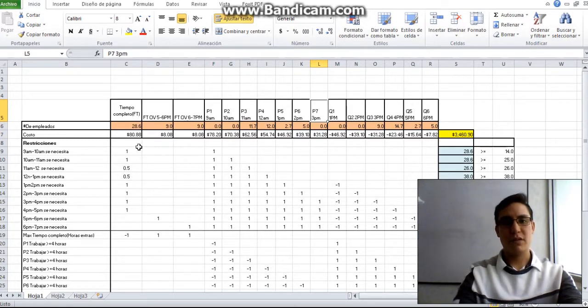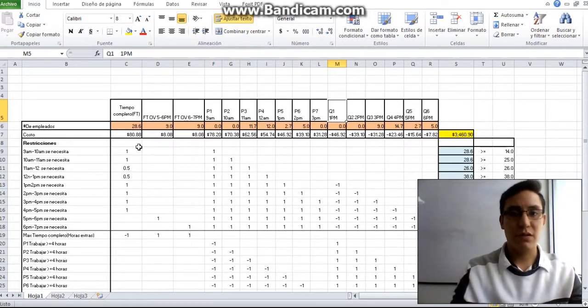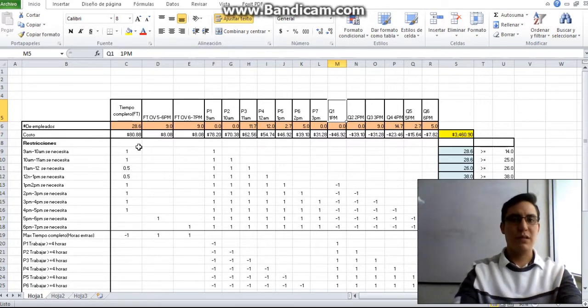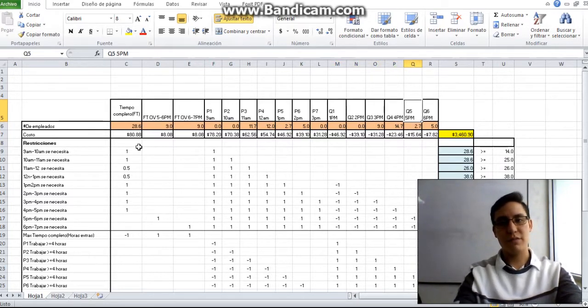And the leave of the employee hours are 1 p.m., 2 p.m., 3 p.m., 4 p.m., 5 p.m., 6 p.m. This is the leave of the employees in the work.